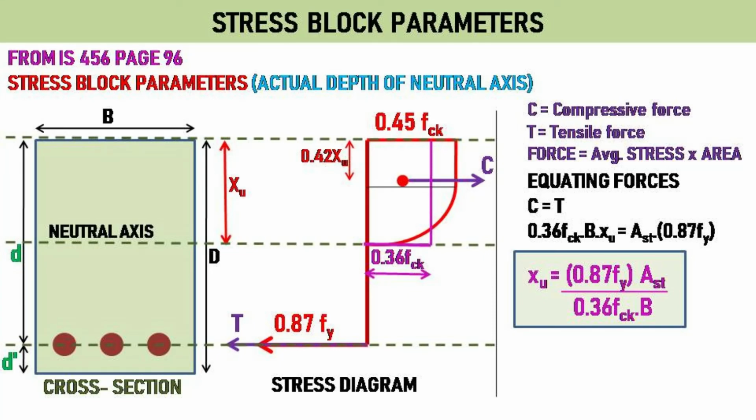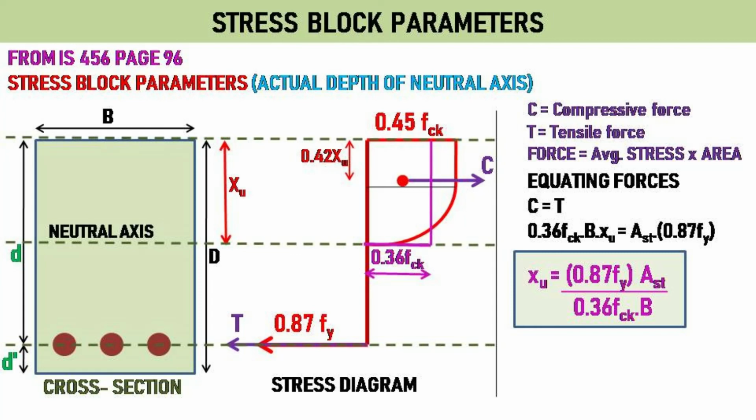To find average stress, add both areas of the rectangular part and parabolic part in the stress diagram, and equate it to a rectangle. We get average stress in the compression zone as 0.36 fck. Area in the compressive zone is b times xu. Therefore, compressive force, C, is equal to 0.36 fck times b times xu.